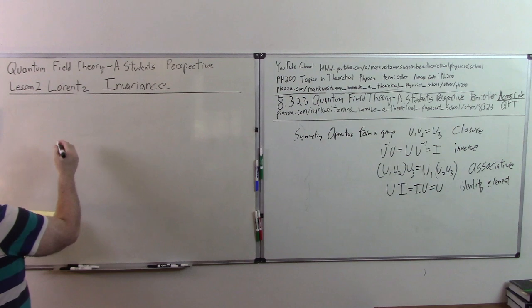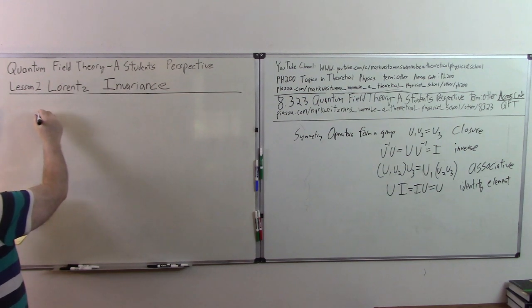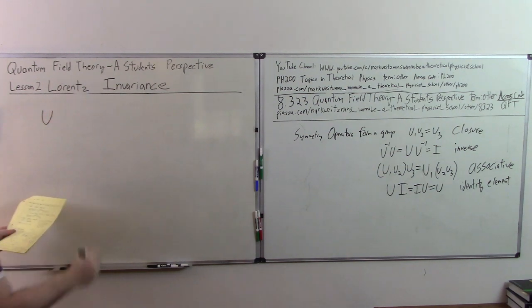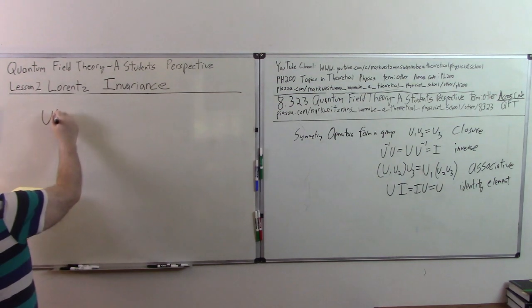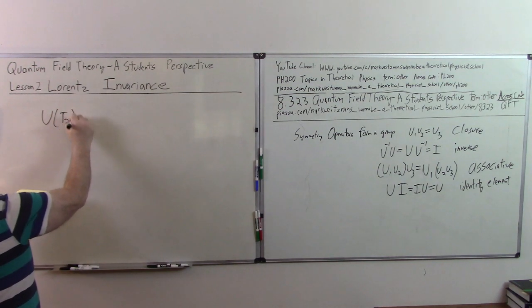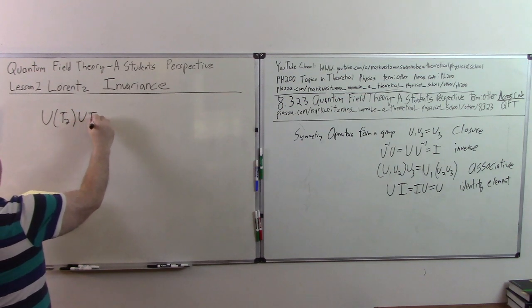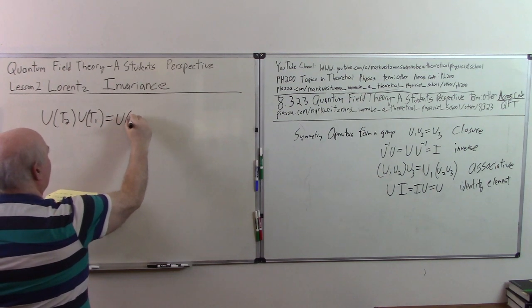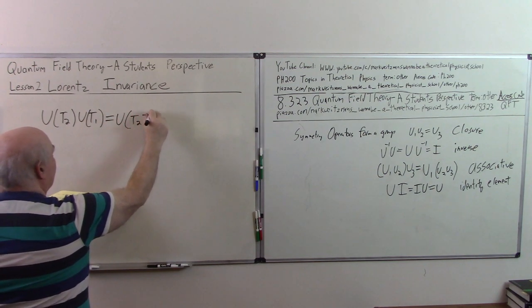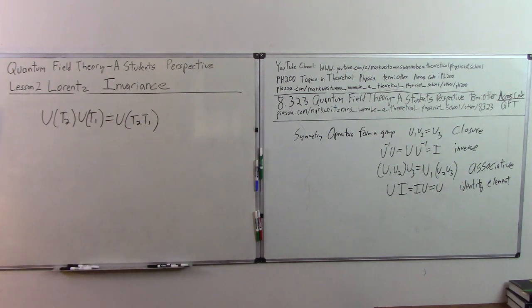See, Sugnicki starts with the basic equation for representations. We say we have a representation of a symmetry if the following equation holds: U(T2) U(T1) is equal to U(T2 T1). So this basically says that we can rotate a little bit.